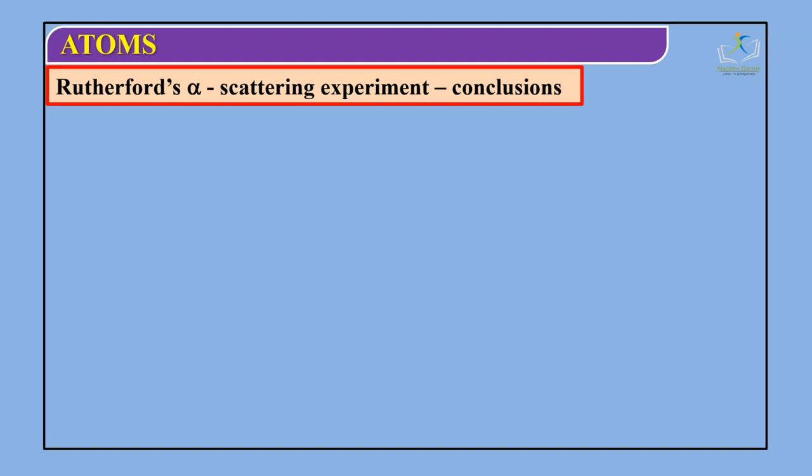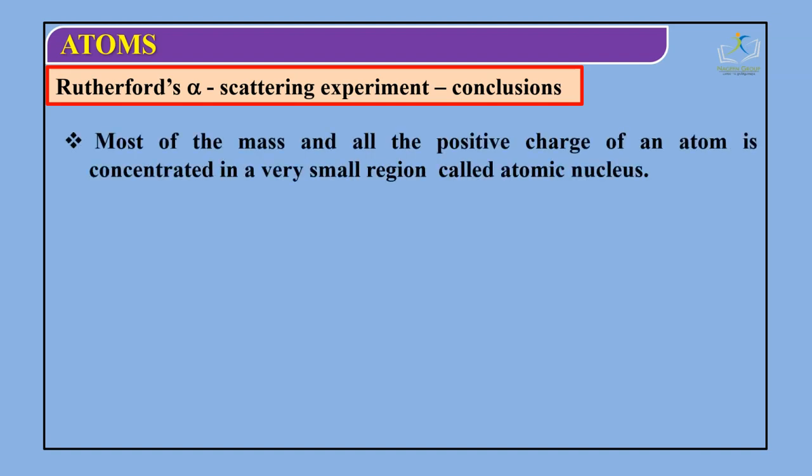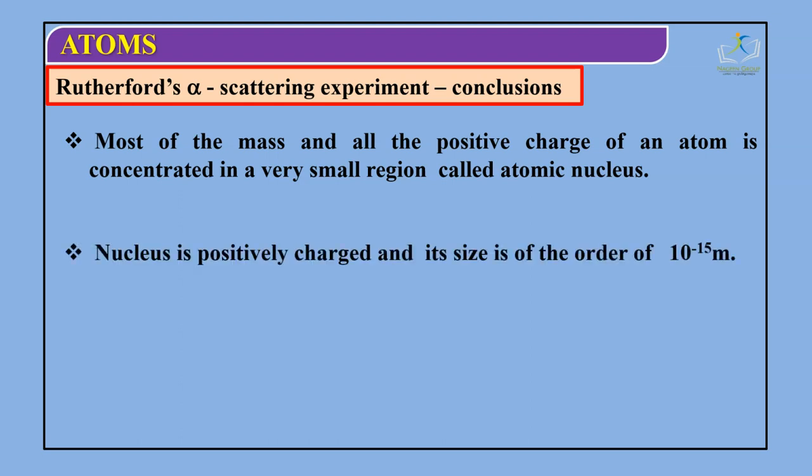Rutherford's alpha scattering experiment conclusion. What was the observation and what is the conclusion based on this topic? Most of the mass and all the positive charge of an atom is concentrated in a very small region which is called the atomic nucleus.